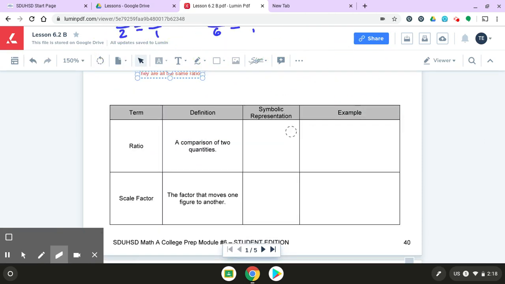All right. Okay, so we have ratio and scale factor, and these two terms get mixed up a lot. So we have to pay attention to what's happening in a ratio and a scale factor. A ratio we can write as A over B, or A colon B, or A to B. But it's comparing the 2 triangles.